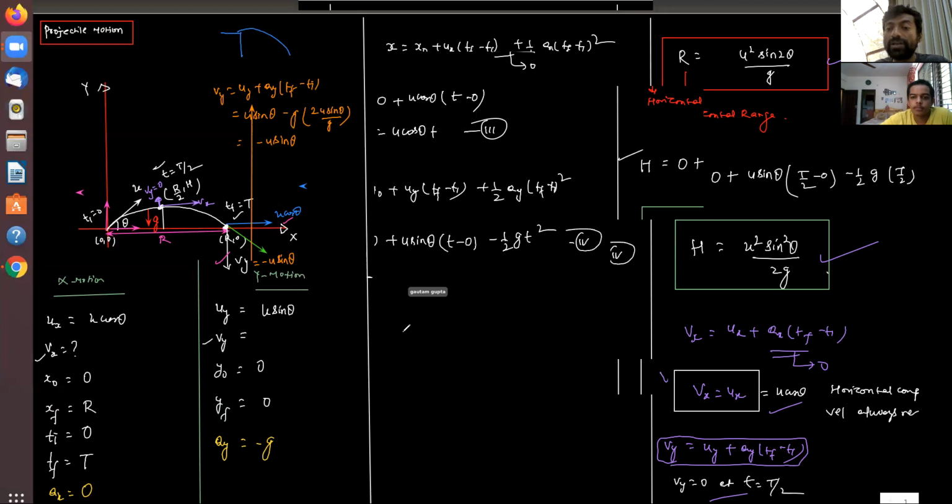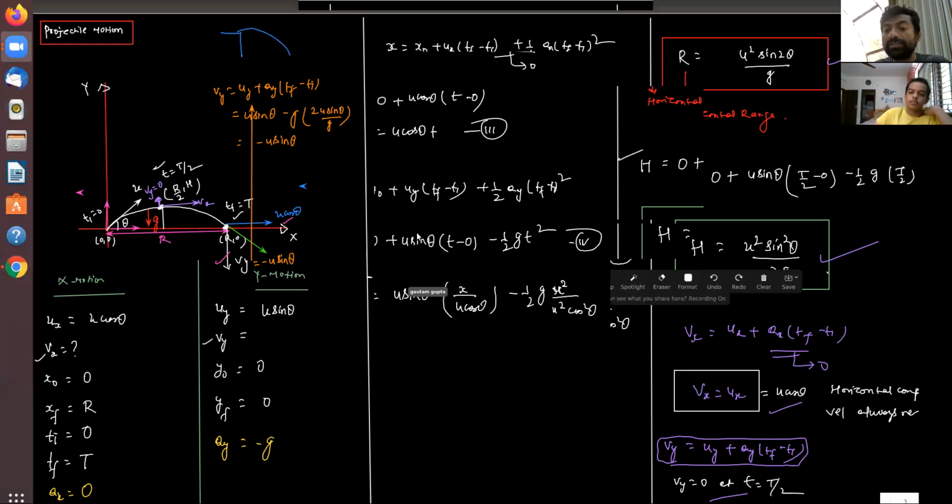Okay, so what we'll do is that from equation 3 we will substitute t in equation 4. Okay, so when you do that, you will get u sine theta into t, you will get as x divided by u cos theta, minus half g, and t square you will put x square divided by u square cos square theta. Is that clear? And that gives you the equation of trajectory, and that becomes u gets cancelled, right?